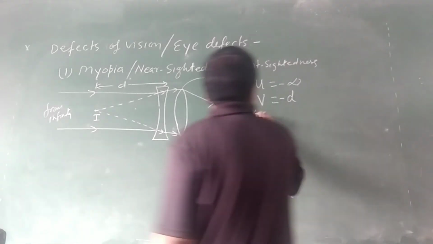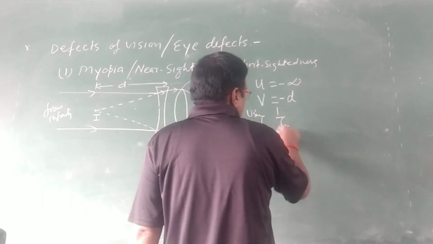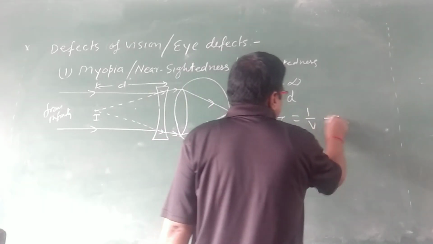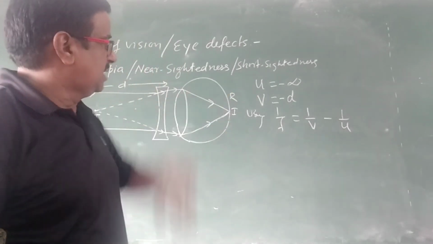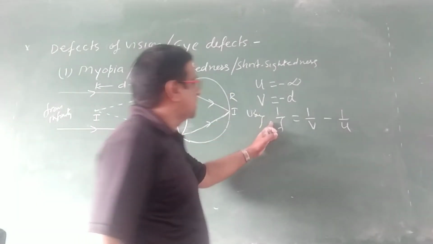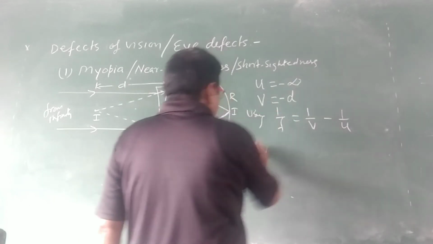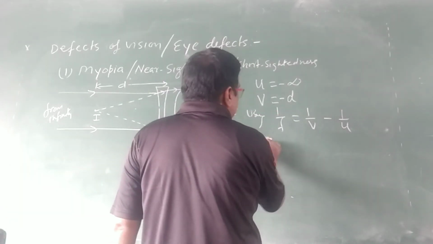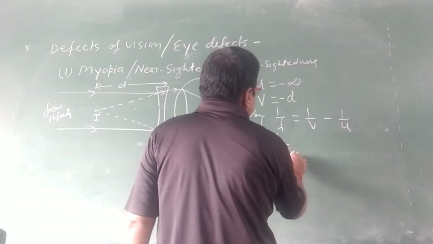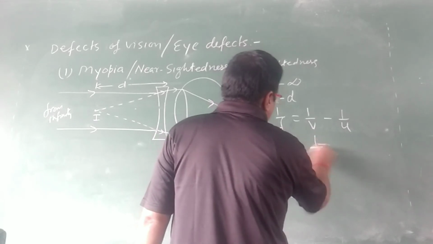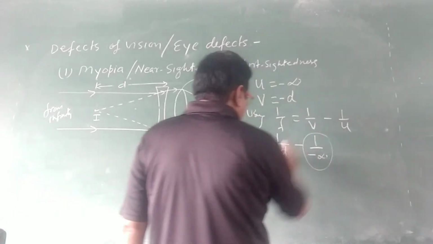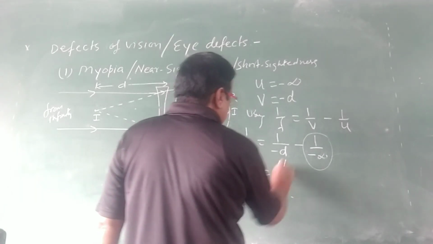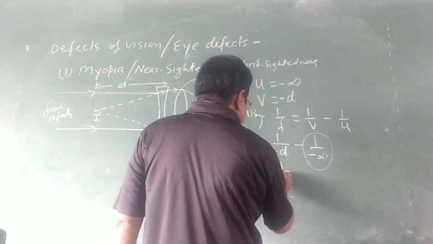Using 1 by f is equal to 1 by v minus 1 by u, the thin lens formula, where f is the focal length, we can write 1 by f is equal to 1 by minus d minus 1 by minus infinity. 1 by infinity is 0.